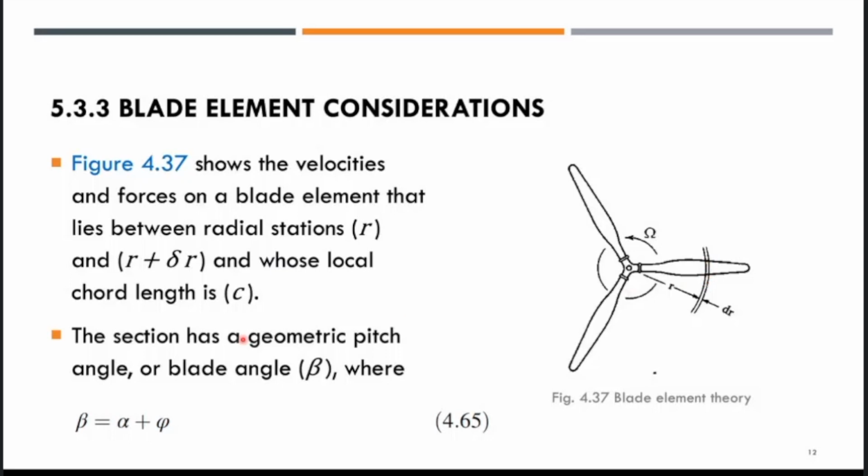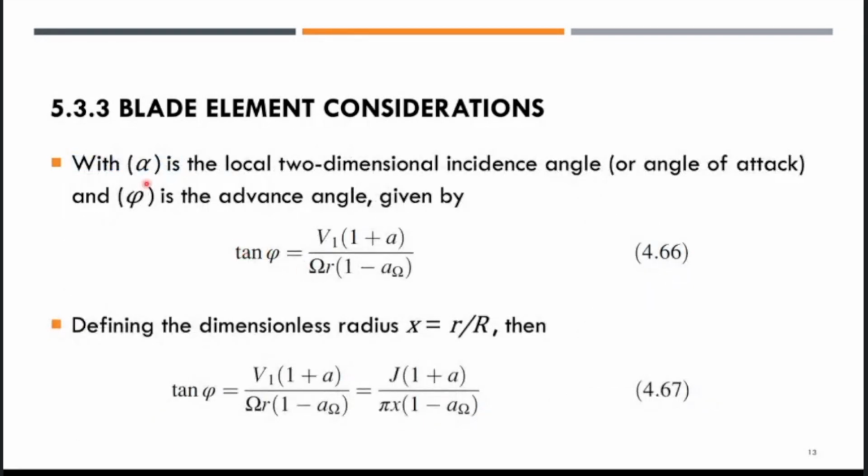The section has a geometric pitch angle, or we call it the blade angle, beta, where beta equals alpha plus phi, right? Alpha is the local two-dimensional incident angle, or the angle of attack, and phi is the advance angle given by expression 4.66 over here.